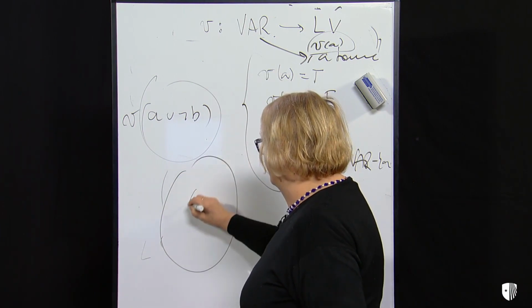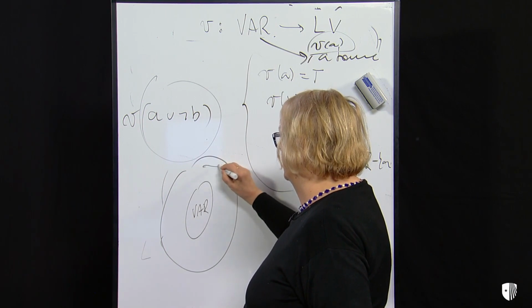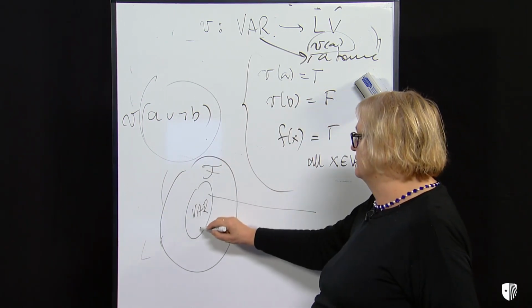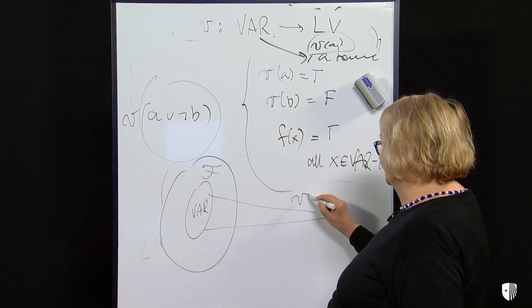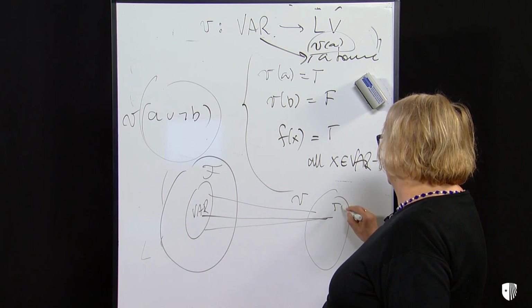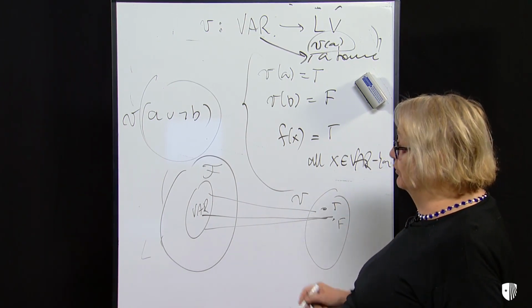extensions. You see, we have variables, and here you have the set of formulas, and I have a function V which takes all those variables and maps it into true, false.